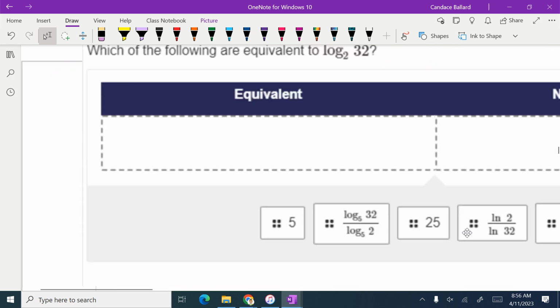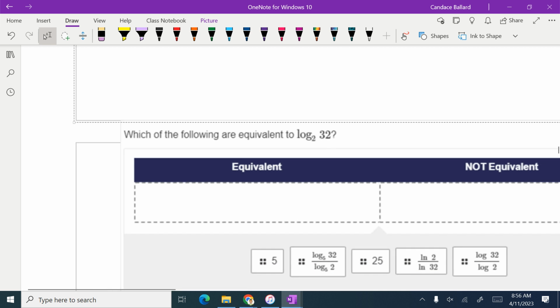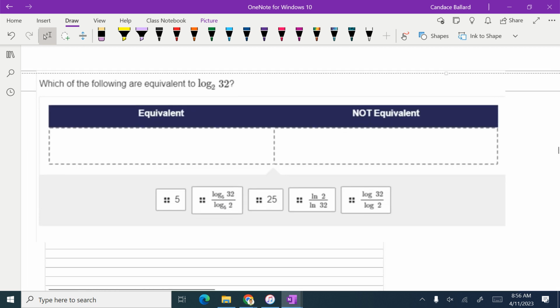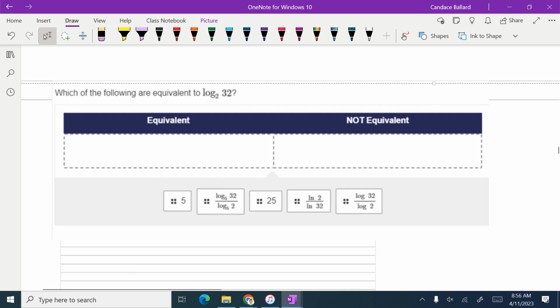Okay, the next one we're going to do is the one where you had to do this. Which of the following are equivalent? You might have slightly different numbers.